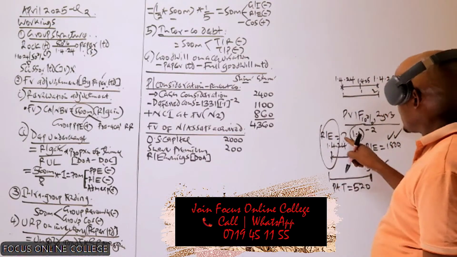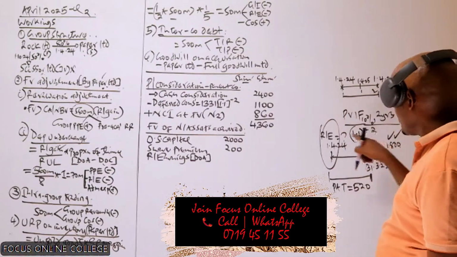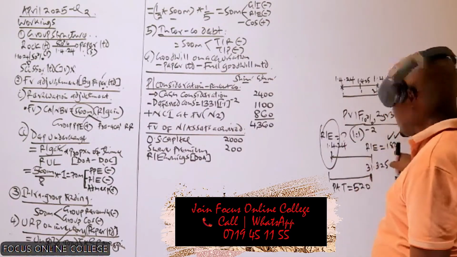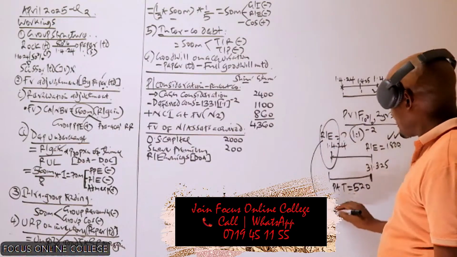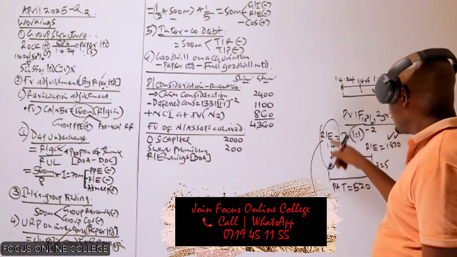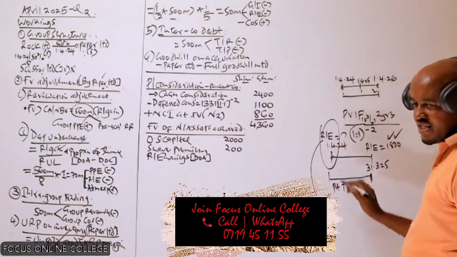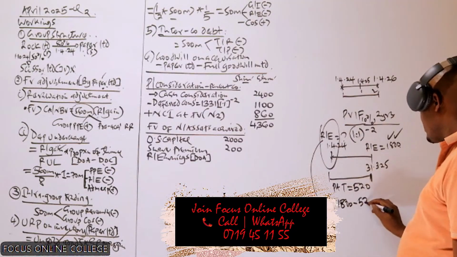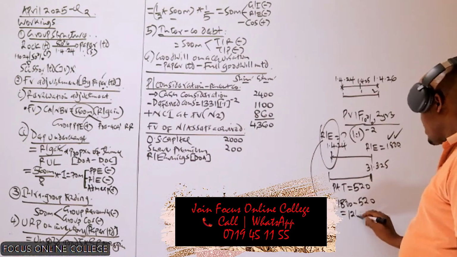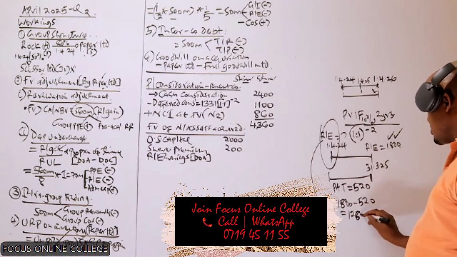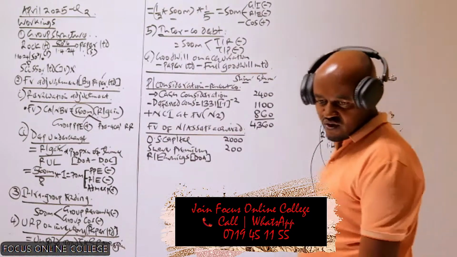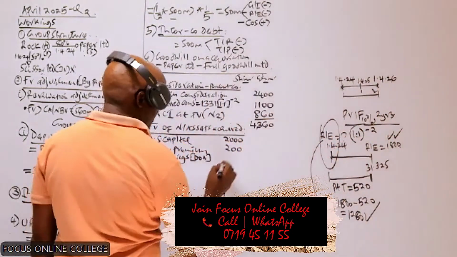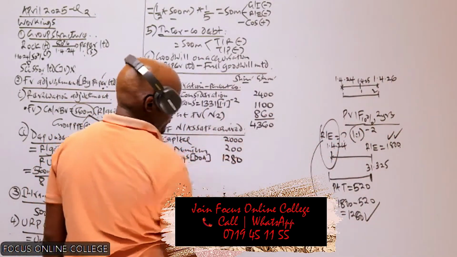So to get this one, we will take this minus this. Therefore, the retained earnings at the start will be 1,800 minus 520, and that will give us 1,280. So 1,280 is the retained earnings on the date of acquisition.